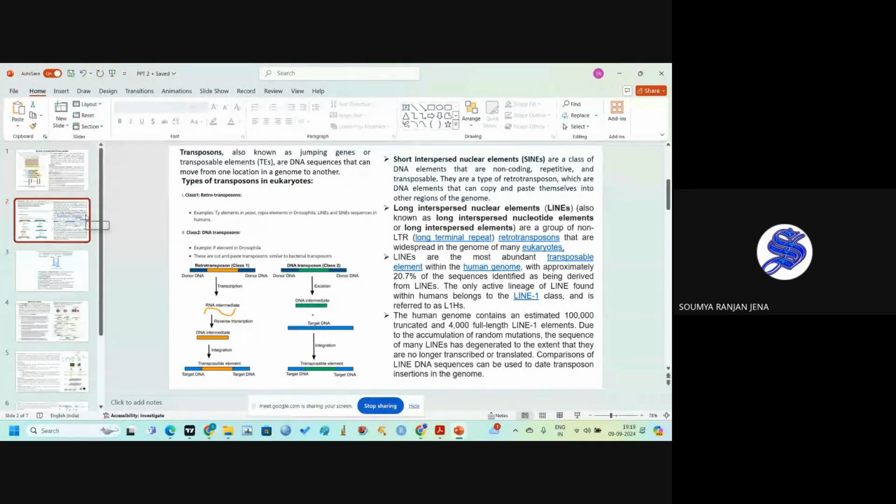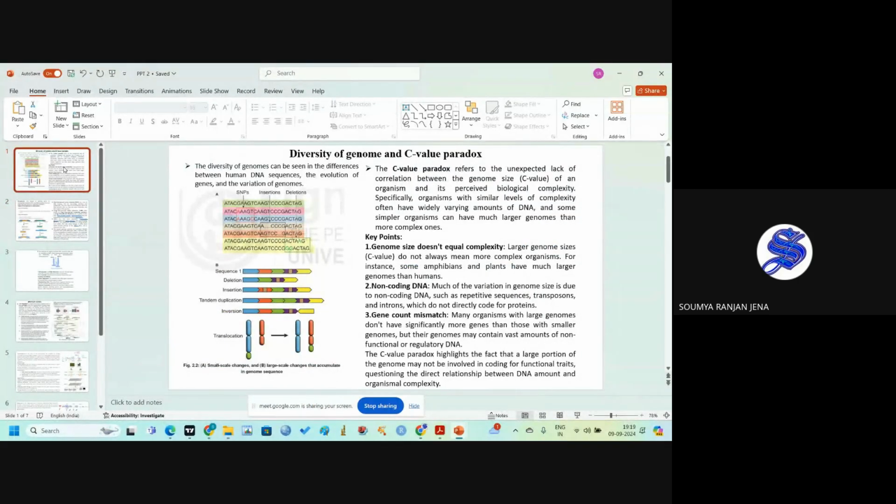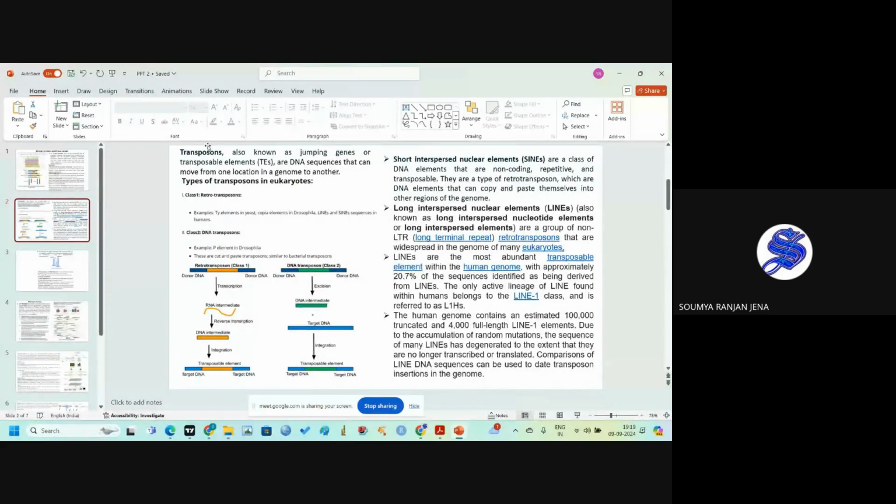If you consider the genome and the diversity of genome and different elements like this, as we described, the transposon elements like retrotransposon or DNA transposon, the SINEs, LINEs and ALU elements, these are important. We can use these for our study of the expression of our genes.